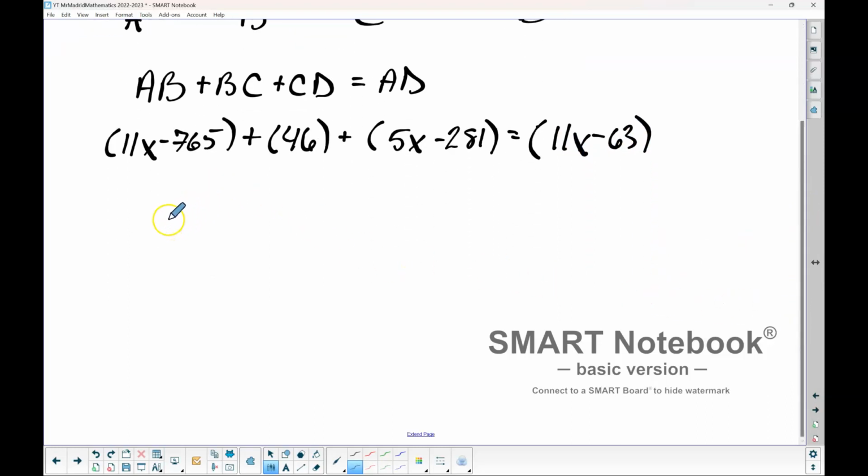Let's go ahead and combine like terms here. On this side we have 11x minus 7, what's that, 19? So I've combined. I should have included this 5x in here, so let me squeeze it in here.